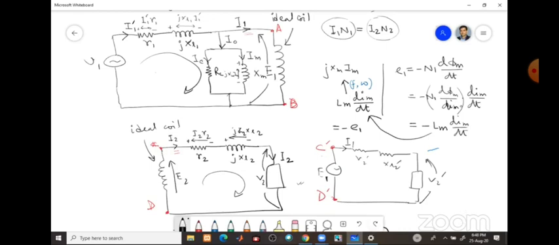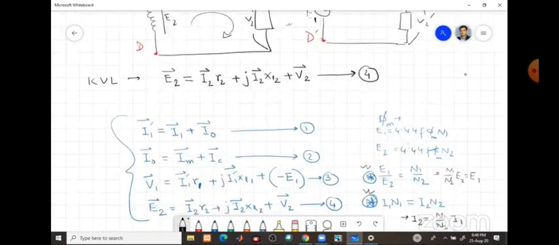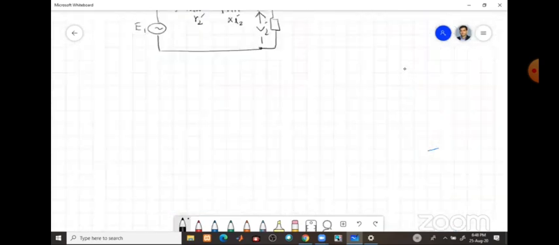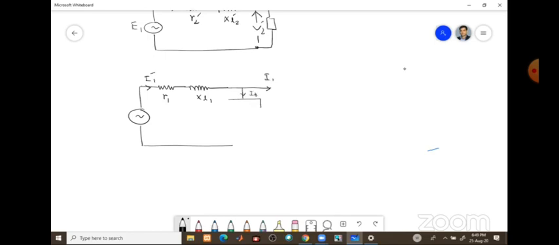Let me draw that circuit, and that will be our objective circuit. So we had the primary circuit through which the I1 prime current was flowing, and that current branched over here into I0 and I1.